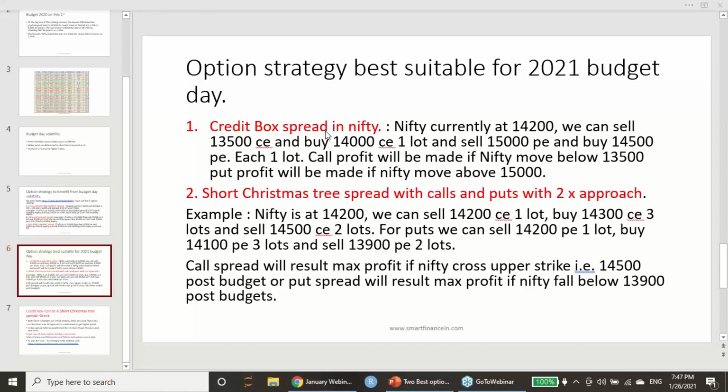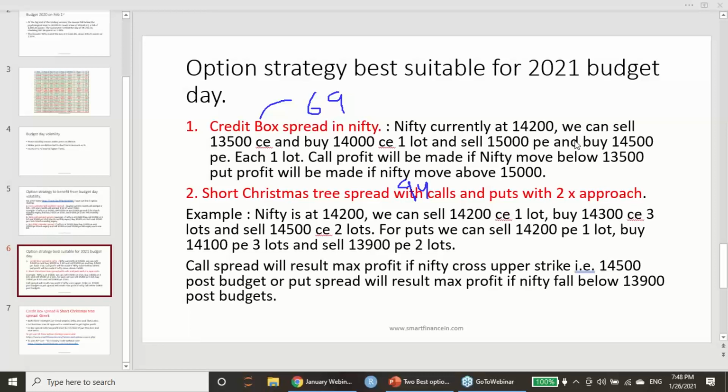It won't spoil any movement. The only thing is that once the price penetrates the upper band or lower band, in the Christmas tree case, in this particular example, 14,500 above or 13,900 below, and in the box spread case, 13,500 below or 15,000 above, then delta becomes a contributor towards the profit. That is the theme behind this particular strategy.